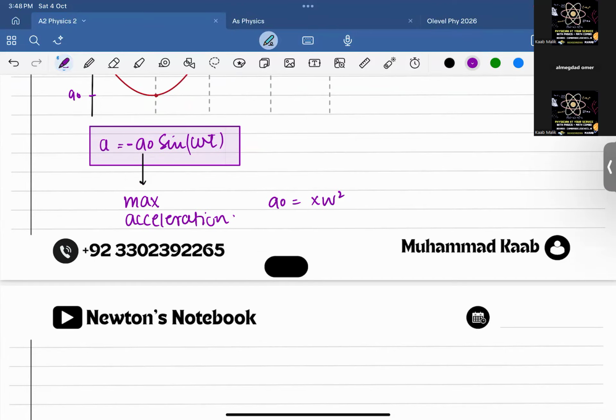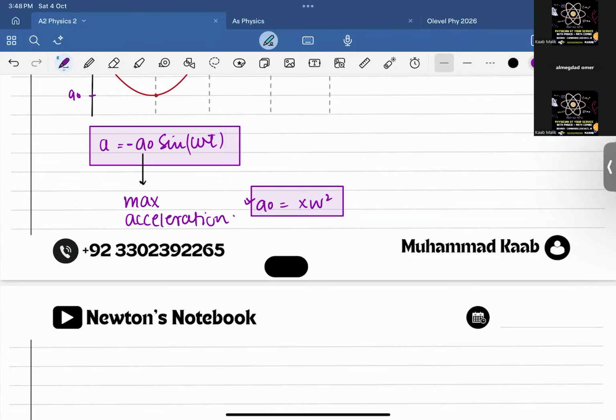Previously we did this with r omega squared, which was the centripetal acceleration. And over here, x naught omega squared is the maximum acceleration of the pendulum. So this is the formula for the maximum acceleration. Very useful equation. They'll ask you a lot of times, so be very careful.